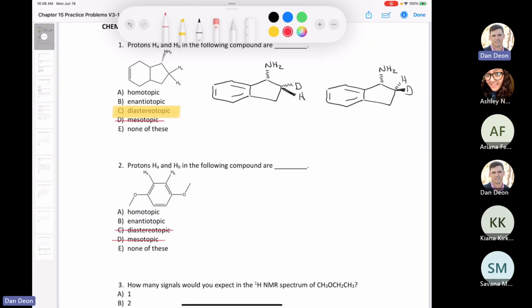And in enantiotopic, we look for a plane of symmetry. You can clearly see that there's an axis of symmetry here in the molecule, right? If we rotate this 180 degrees, you wouldn't be able to differentiate between those two protons. Therefore, they are homotopic. So again, we have an axis of symmetry, like that.